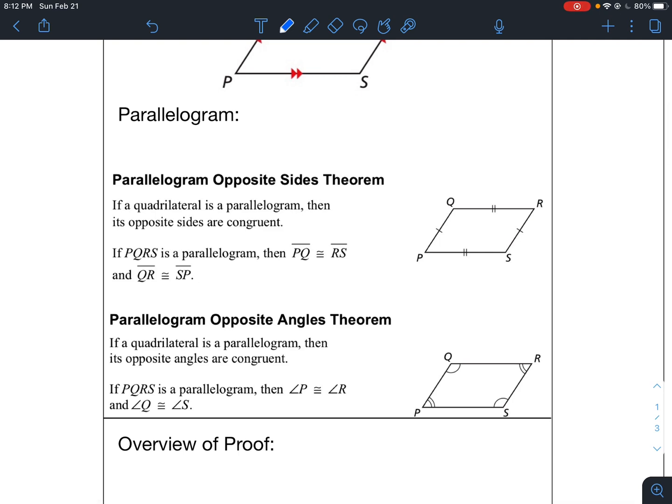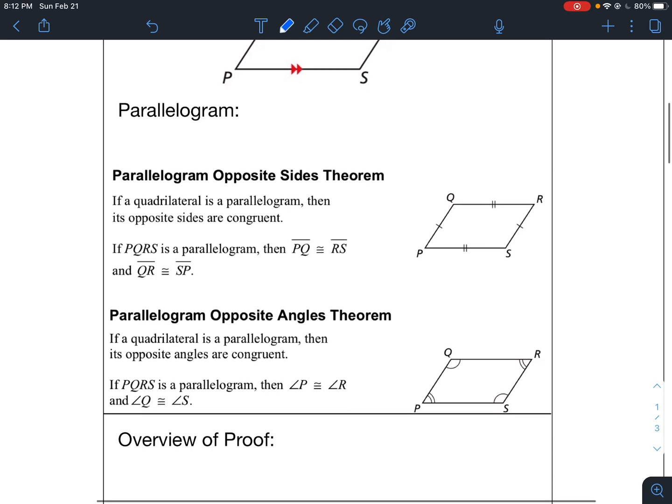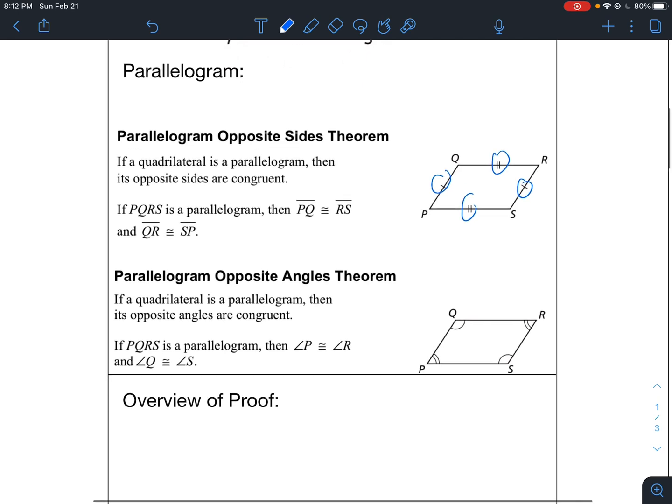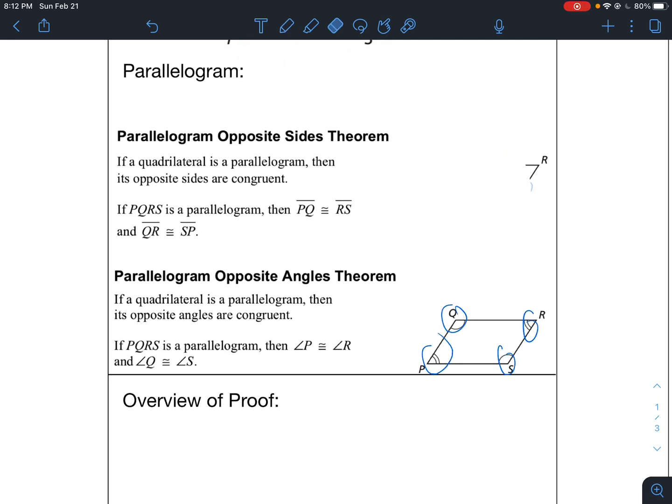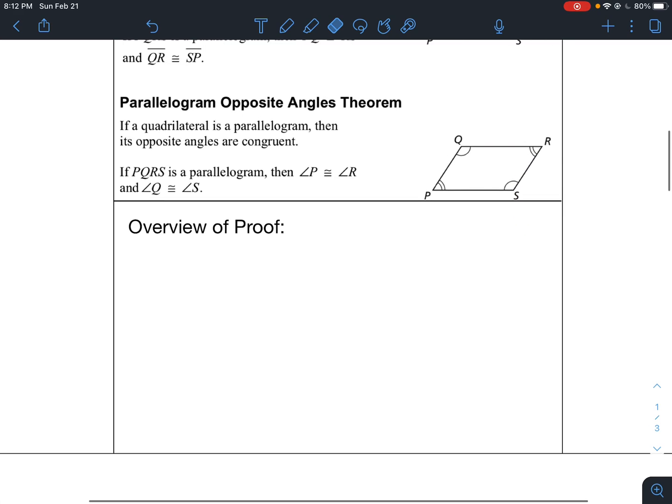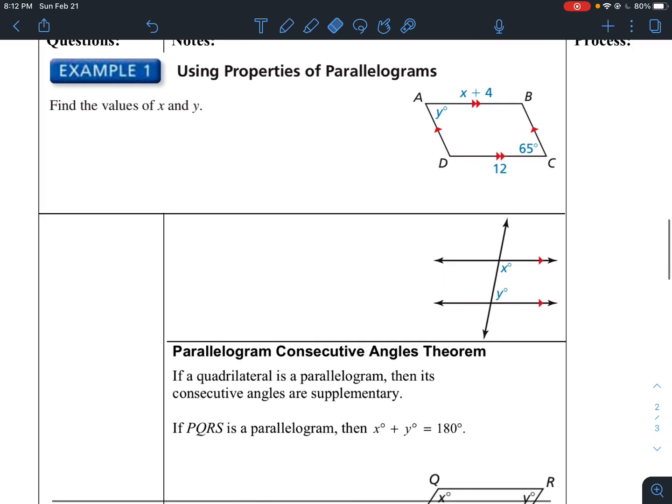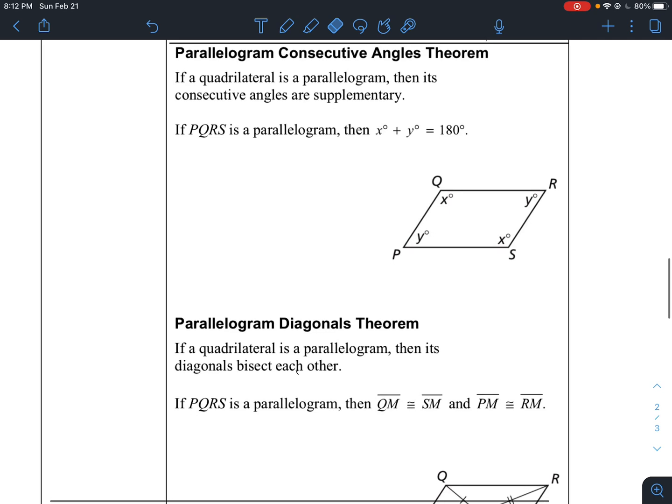First of all, if a quadrilateral is a parallelogram, then we know that the sides opposite are congruent and that the angles opposite are congruent. So opposite sides and angles were congruent. We also learned that consecutive angles were supplementary.